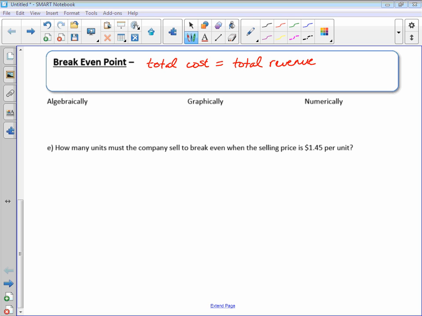We are setting up here 0.65x plus 10,000 equals 1.45x.